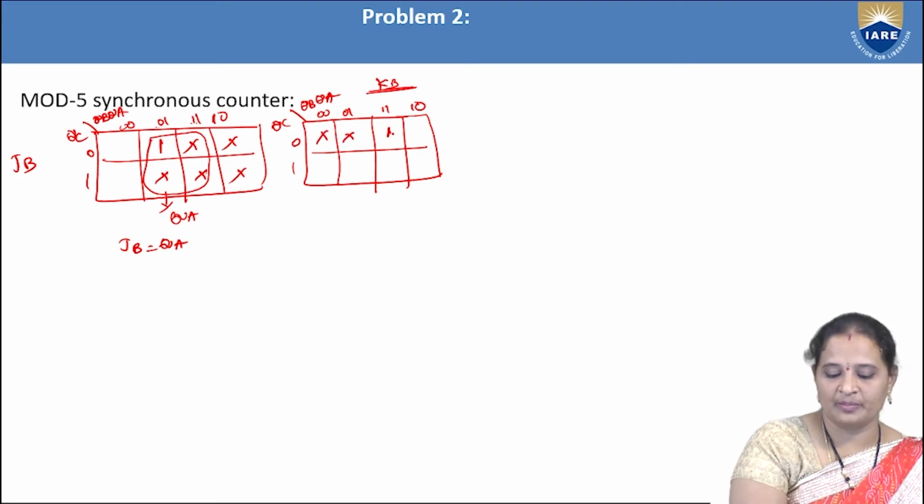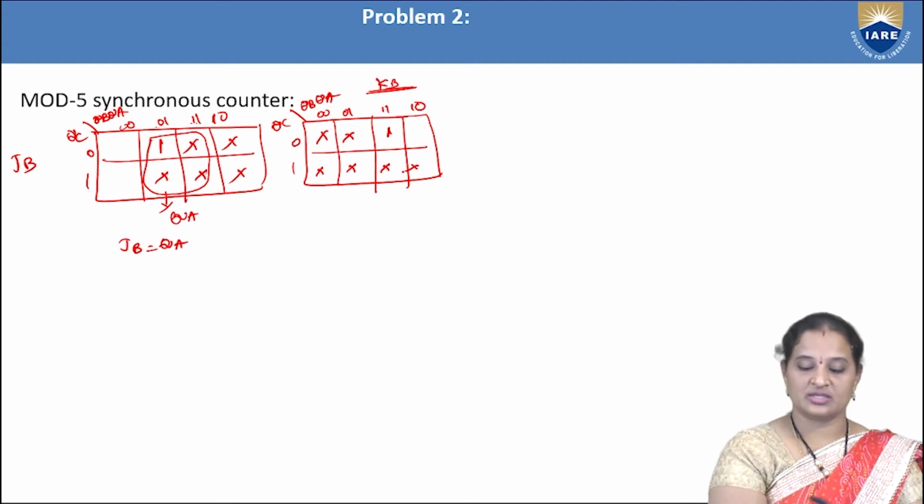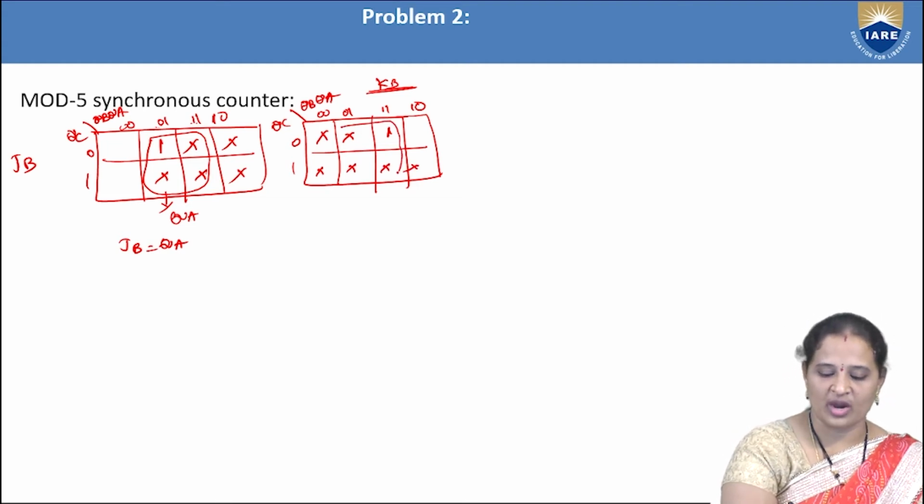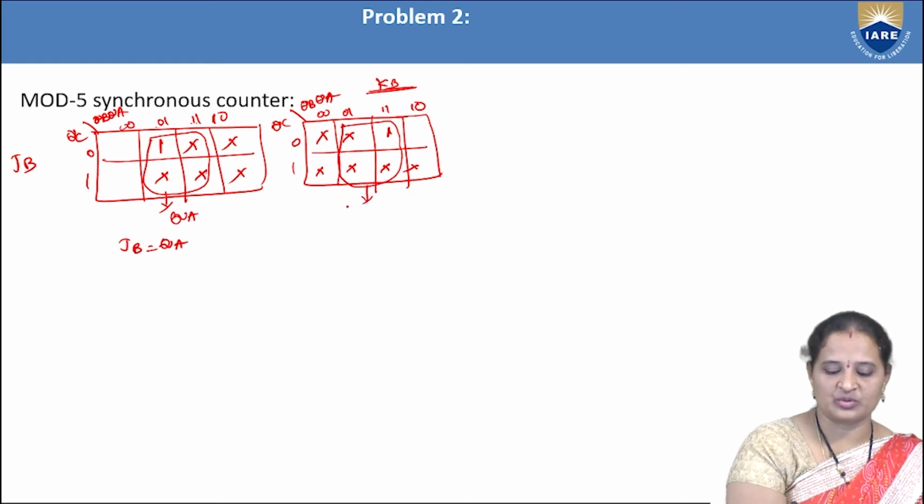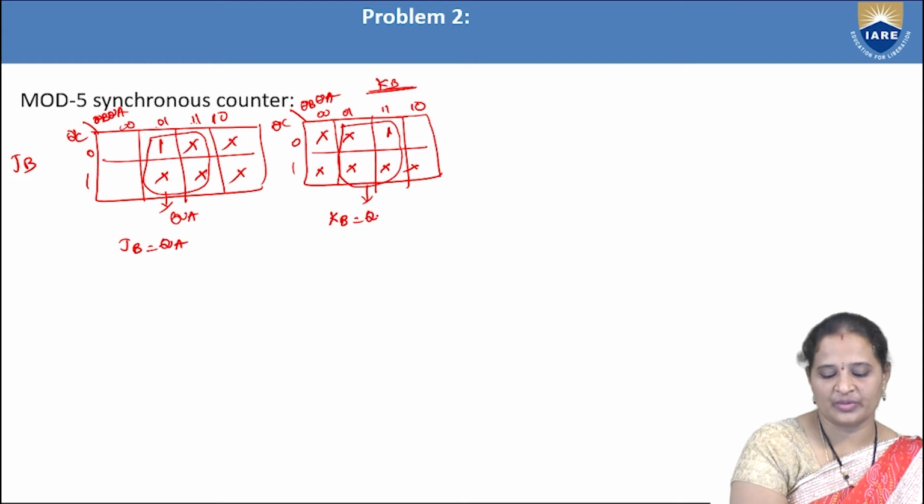For 3 it is 1, and for 2 it is 0. For the remaining, all are don't care. So again, I can form a quad here, in the same position as before. So KB is also equal to QA.